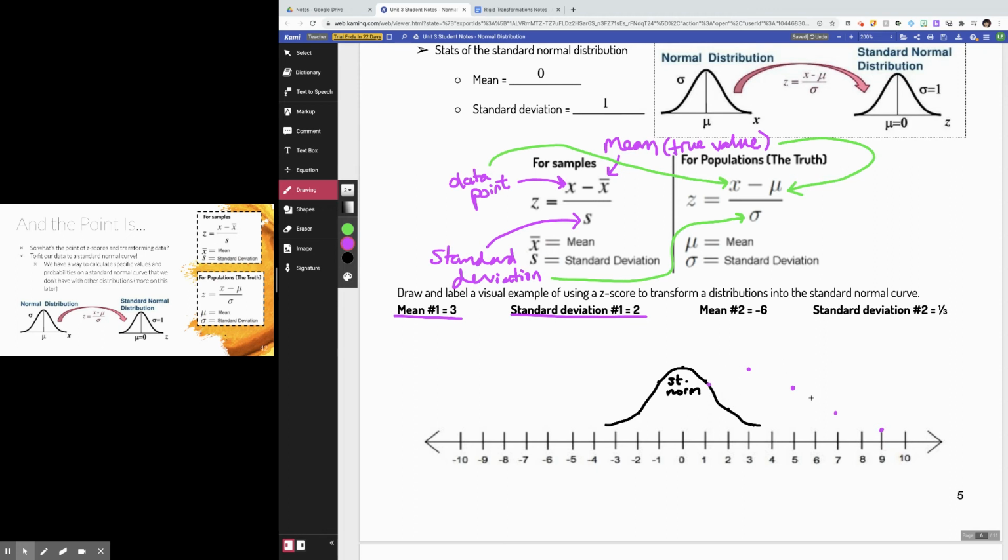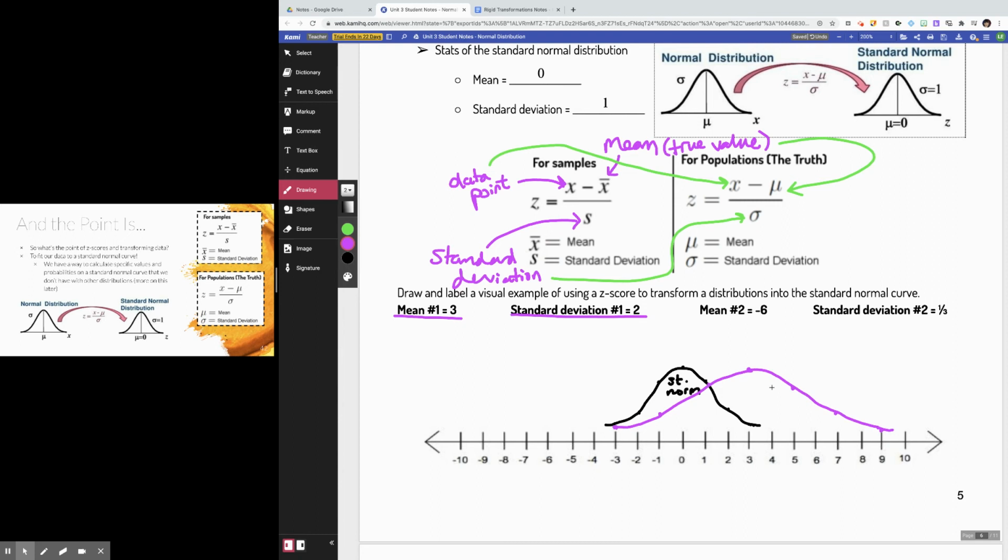I have 2 more to the left, and I'm trying to put these points at about the same location so that my curve looks like a curve. So here is my curve number 1.